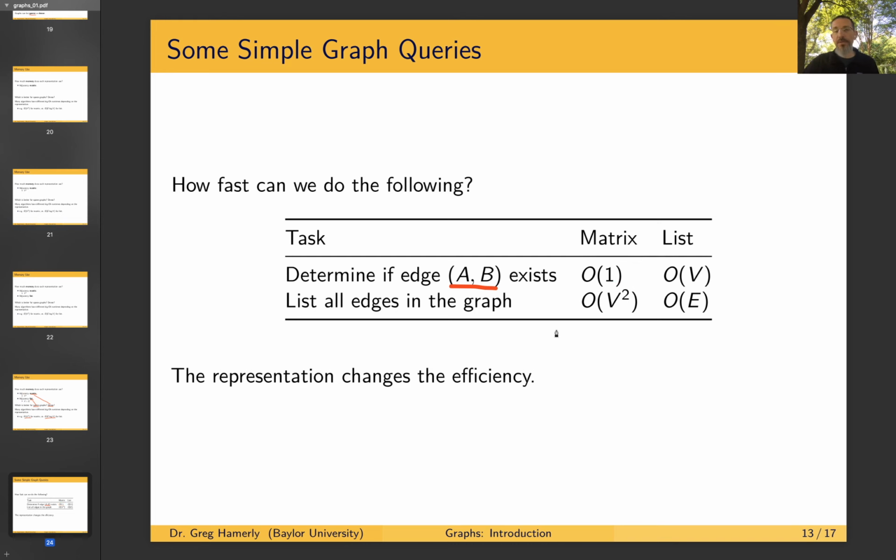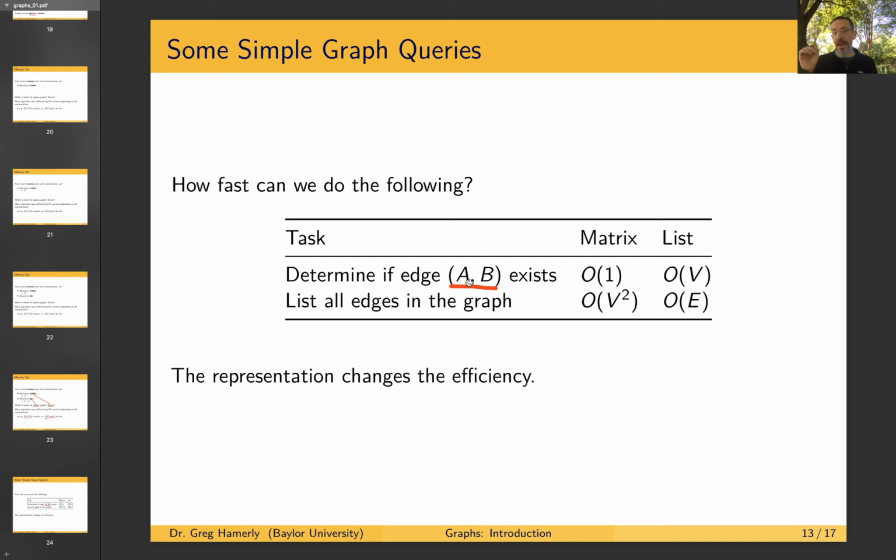But what about for the list? For the list, what do you have to do? You have to go to the list corresponding to vertex A, and then you have to search each element of that list and see if B exists in that list. How long could that list be?